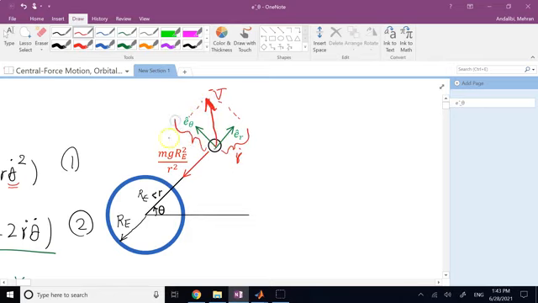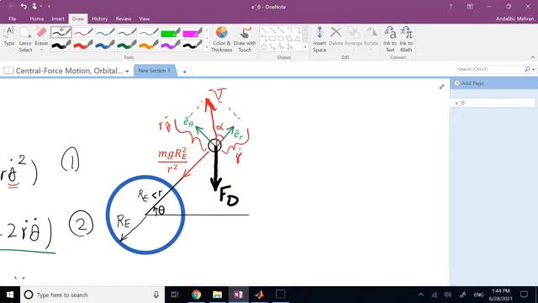And then here you can consider this angle alpha, which is different from theta. It depends on the relative magnitudes of the components of the velocity. And then opposite to the direction of this v, you have the drag force. So you have this force here.